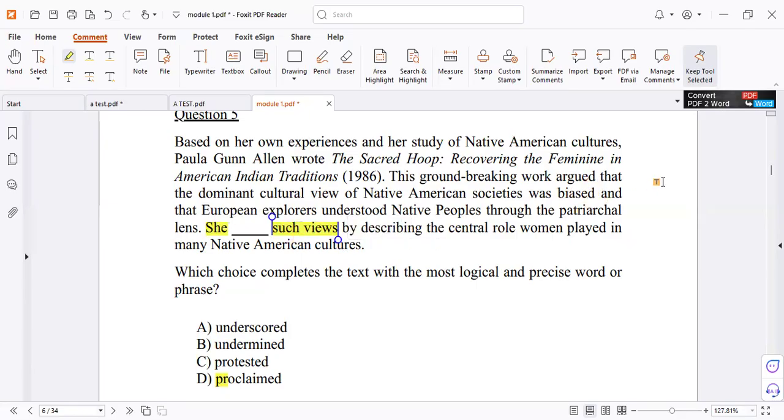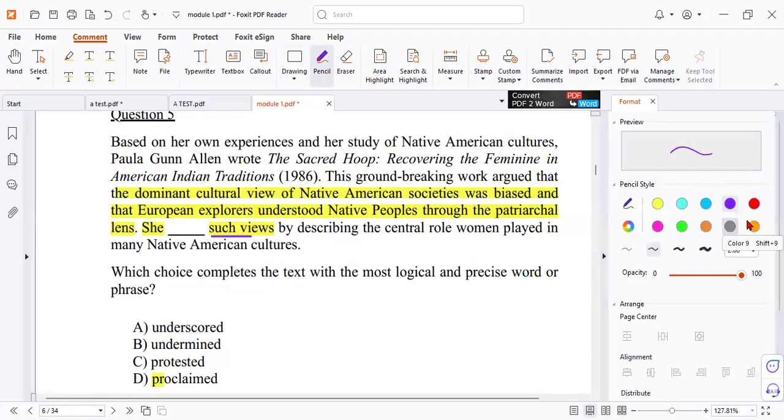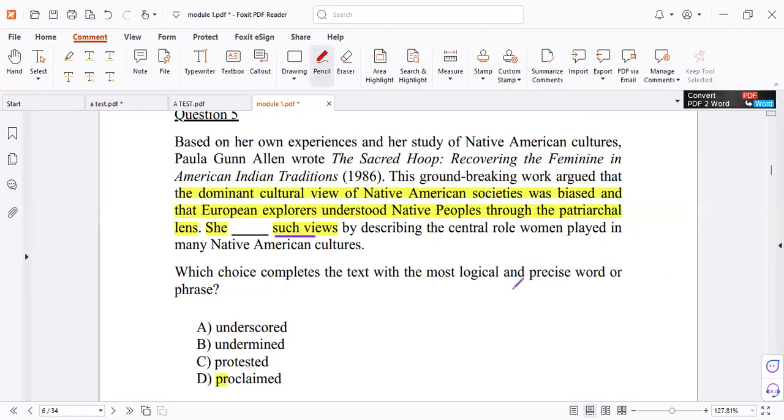So this is the views. What did she do to such views? Did she proclaim, prove it? No, no, no, no. He said the view was biased and that Europeans misunderstood. So she did something opposite. So not proved, not underscored, of course.